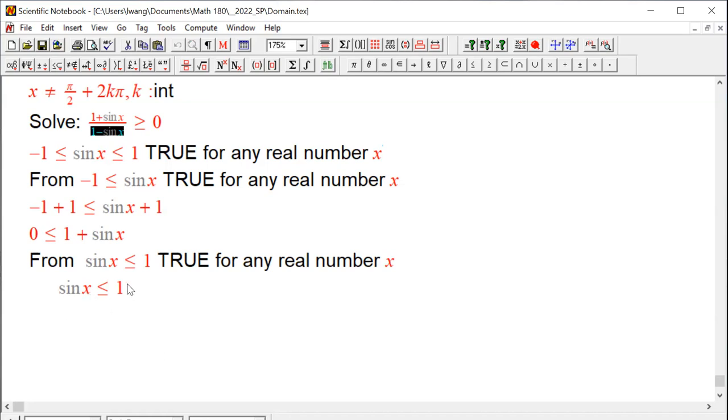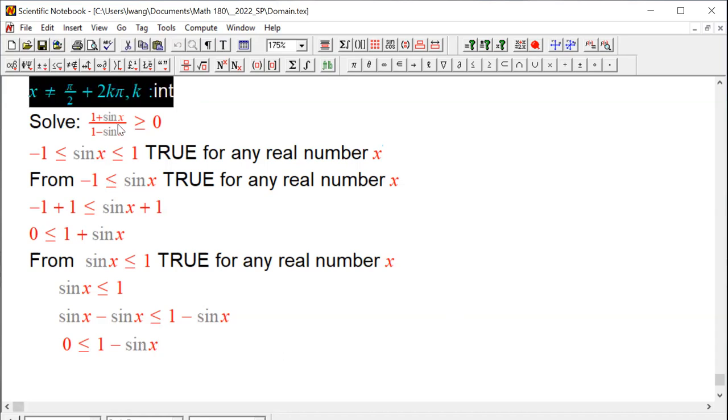So you subtract sine x on one side and on the other side, and you get 0 less than or equal to 1 minus sine x. And of course, we don't want it to be 0, and under these circumstances, it's not going to be 0.